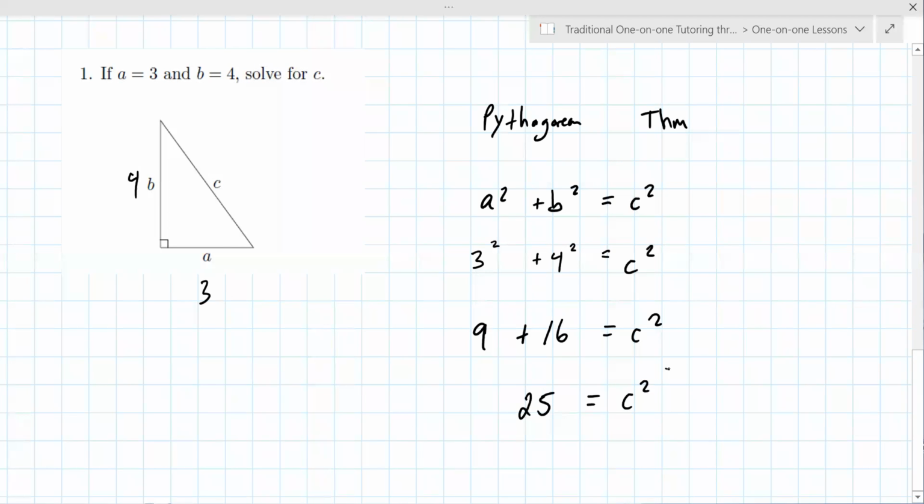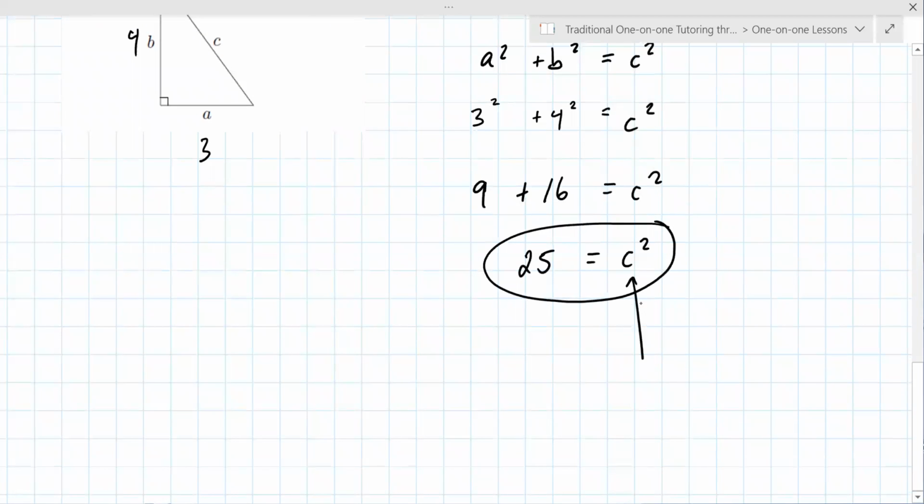So this equation right here says that some number, c times c, is really 25. It means the same number times itself is 25. Can you think of that number? That number, when you multiply it by itself, you get 25.